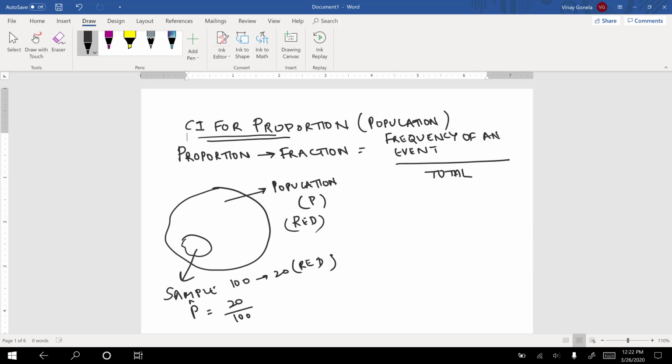And then once you have this, you make an inference. Let me calculate what is 20 over 100. This would be 0.2.